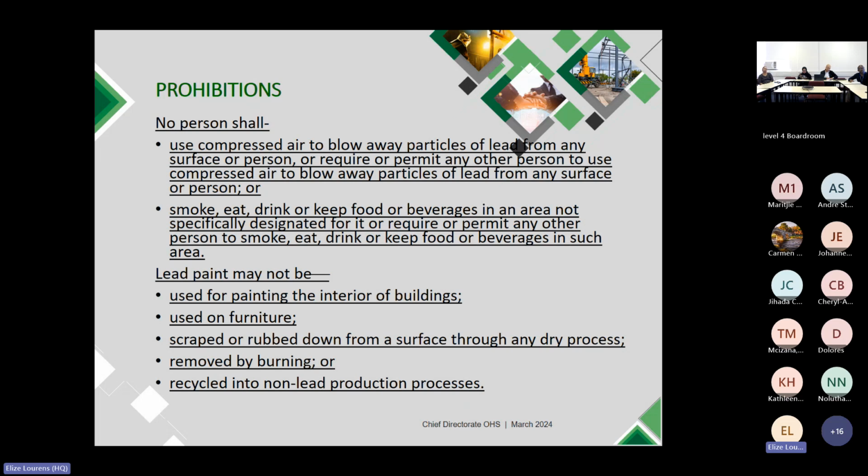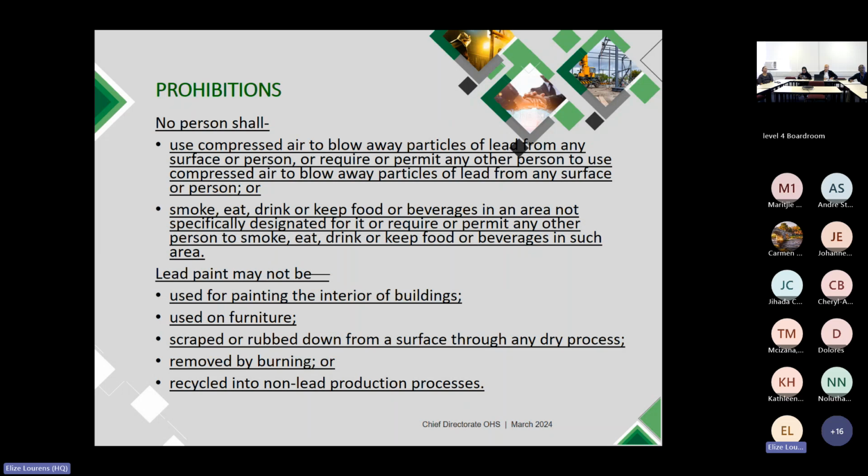No person may smoke, eat, drink, or keep beverages or food in an area not specifically designed for it, or require or permit any person to do so in such an area. So obviously, where lead work takes place, we do not want people to keep their food and drink there, or to be allowed to consume their food in those areas.